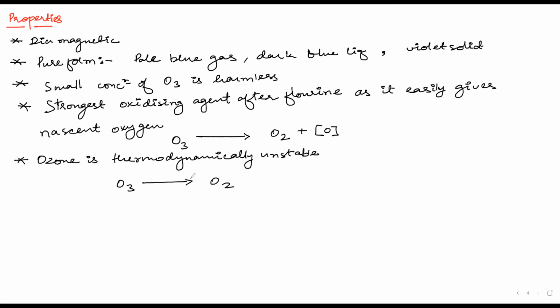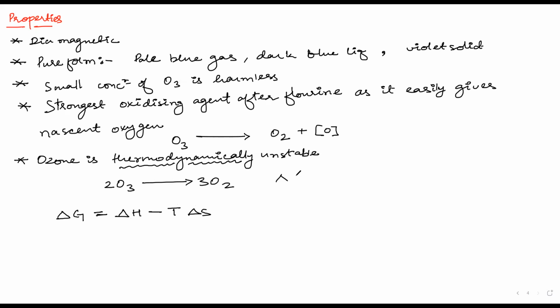If you balance this, you will have 2 ozones and 3 oxygen molecules. Now, when we are speaking about thermodynamics, you have to remember the Gibbs equation. The equation says that delta G of any reaction is equal to delta H, the change in enthalpy, minus T delta S. So we will calculate the qualitative values of delta H and delta S here.